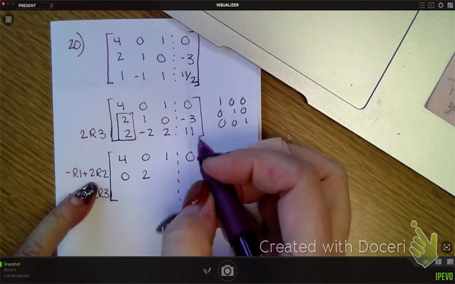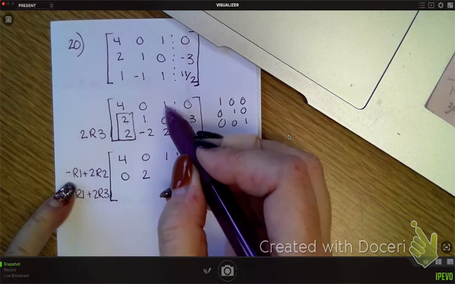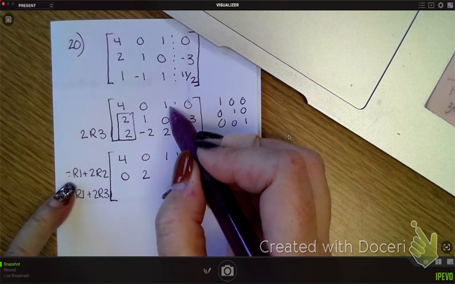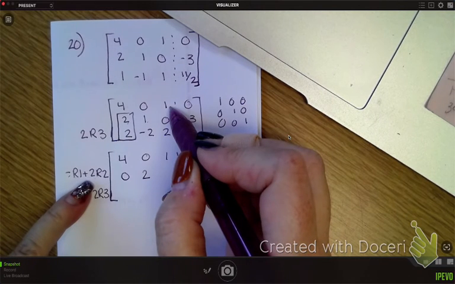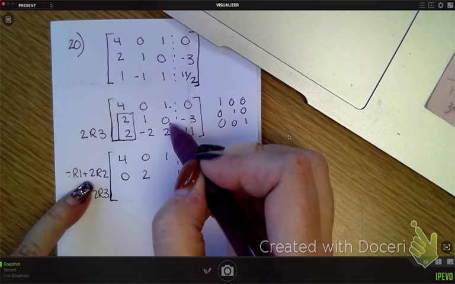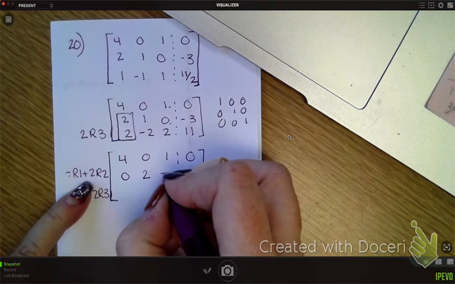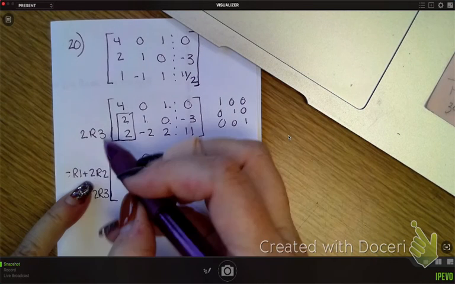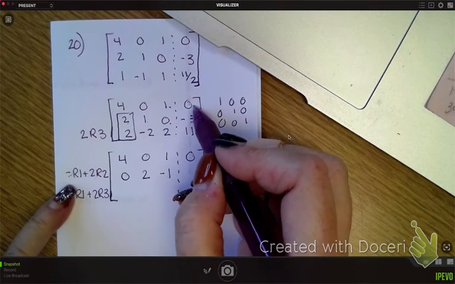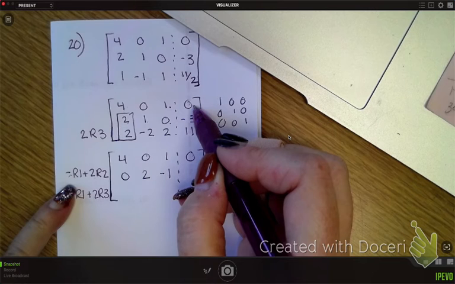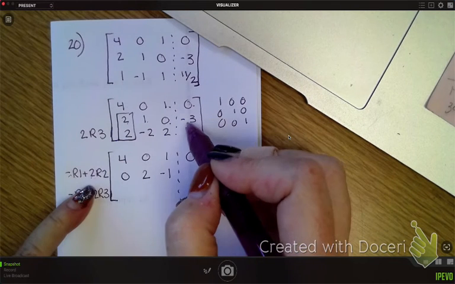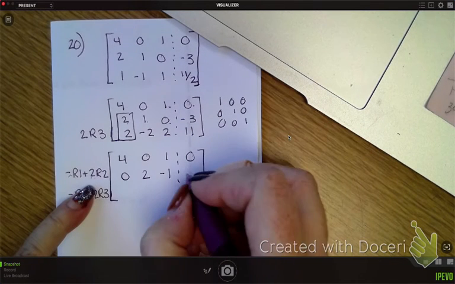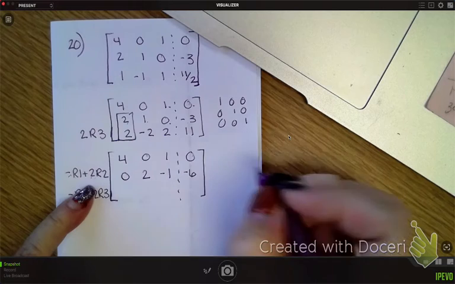Yeah. Okay. -1, because of negative, right? And then 0 times 2 is 0. So -1 and 0 is -1. Then negative 1 times 0 is 0. And 2 times negative 3 is negative 6. So I get negative 6.